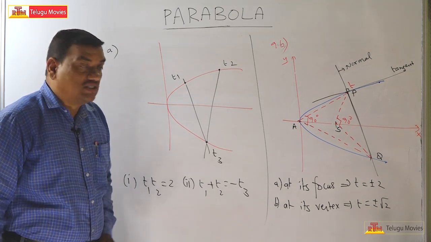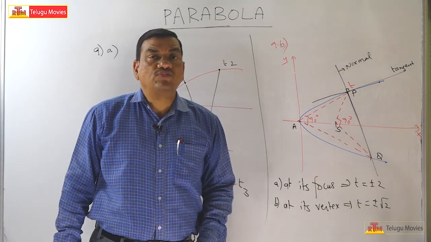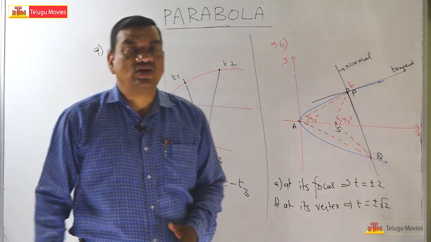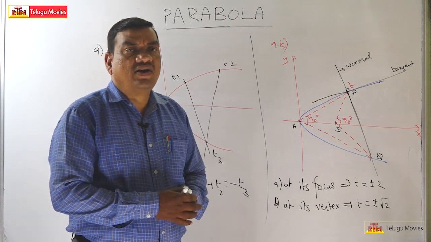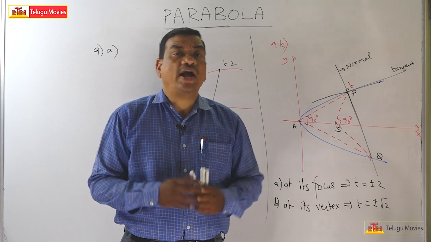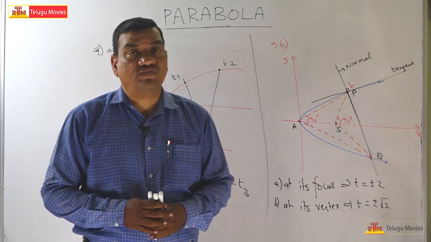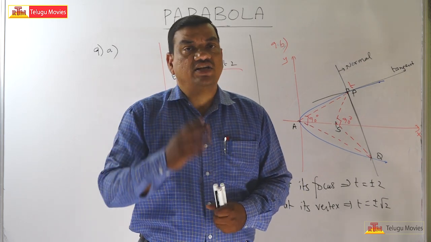So these are the two results that we have using normals from these diagrams. Okay, now there are still some more topics on t, but these are very, very important for your JEE Mains preparation. I hope that you enjoyed today's class. In tomorrow's class, I will present some more topics before you. Until then, all the best for your exams.